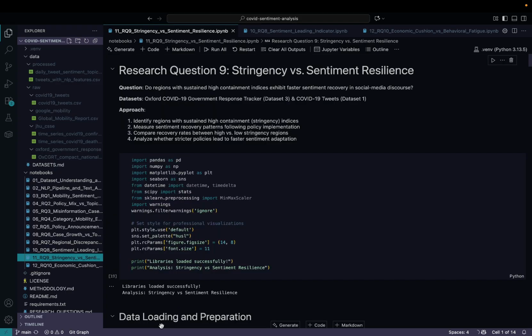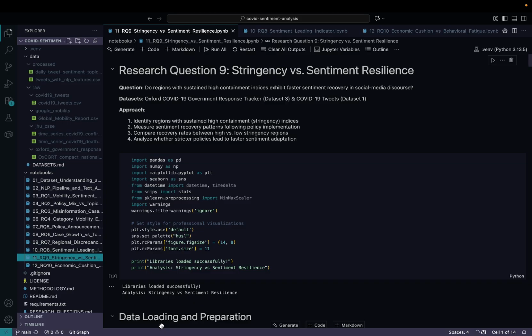Number 9, we'll be discussing the relationship between stringency and sentiment resilience. The question is: do regions with sustained high containment indices exhibit faster sentiment recovery in social media discourse? To answer this question, we have used two datasets, the Oxford COVID-19 dataset and the COVID-19 tweet dataset.